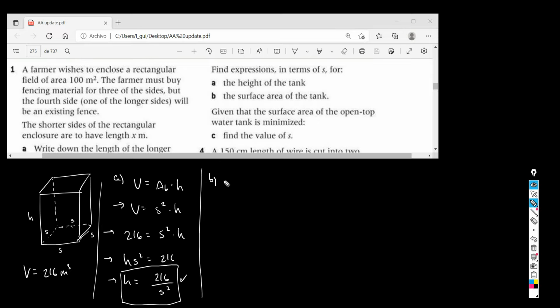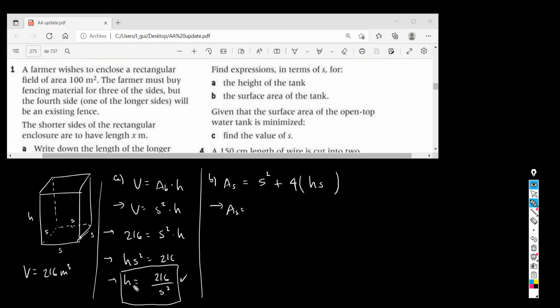Let's write AS for surface area. That's going to be equal to the area of the square, which is S squared, plus 4 times the area of a single rectangle. The area of this rectangle is H times S. So this is the surface area.